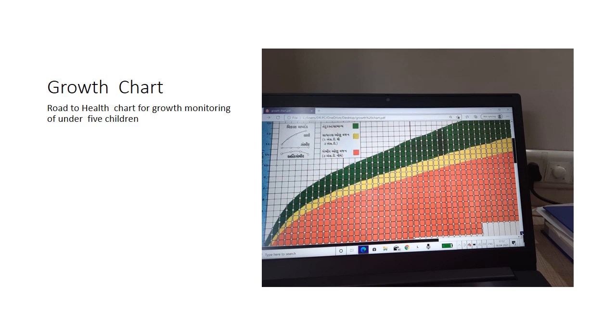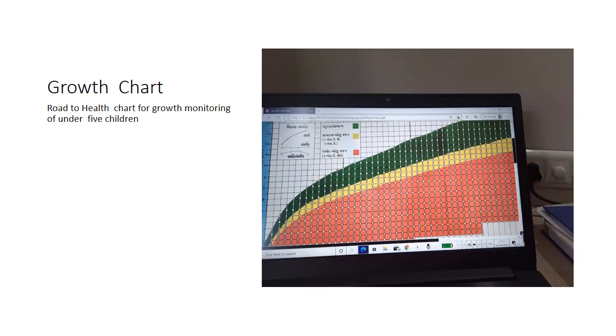You may be aware of a number of different growth charts. More than 50 such road to health charts have been developed by different agencies. In our country, Integrated Child Development Services (ICDS) uses such growth chart for growth monitoring of under 5 children.